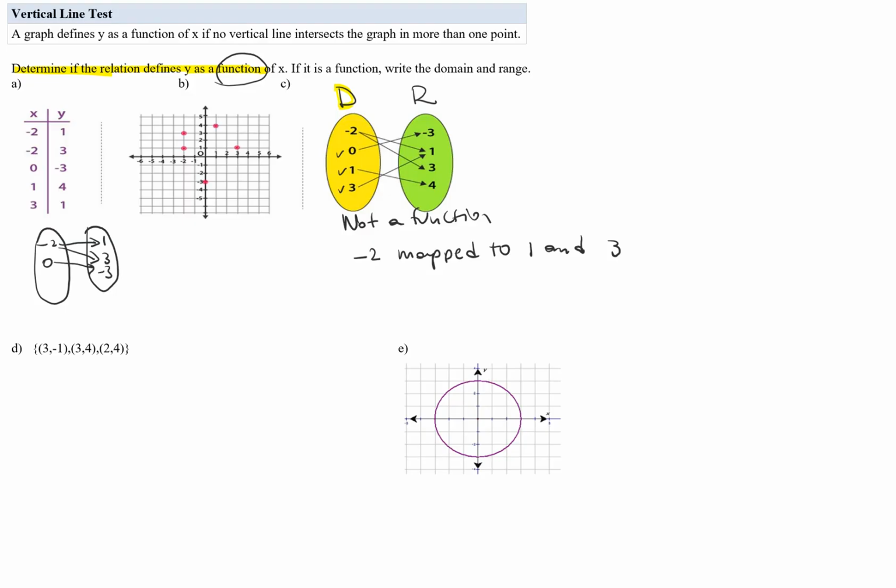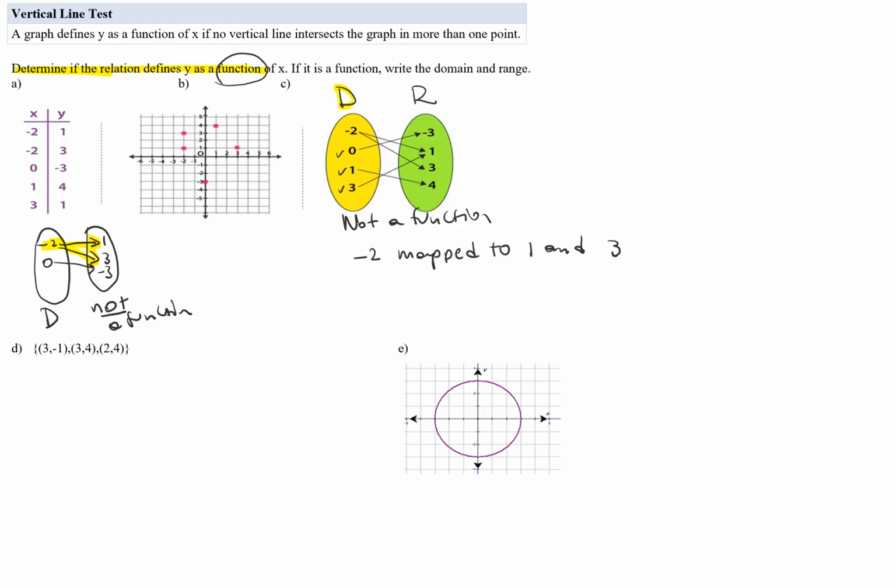I don't even need to continue with the rest of the points because I have a problem here. -2 already corresponds to two numbers, 1 and 3, and we cannot have that. Every point in the domain must have exactly one arrow leaving it. So this is not a function.